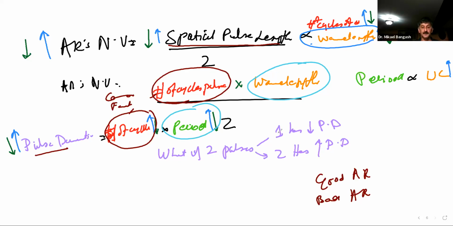So we can maybe say, the lower the pulse duration will mainly mean that you have a lower wavelength, and due to that lower wavelength, you will have a lower spatial pulse length, which will mean you will have a lower numerical value of the axial resolution.